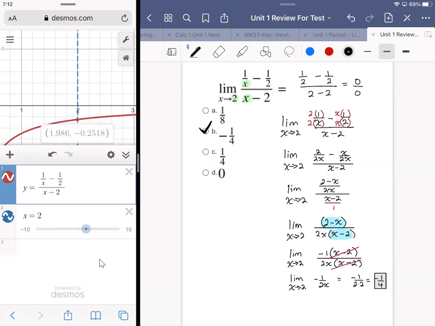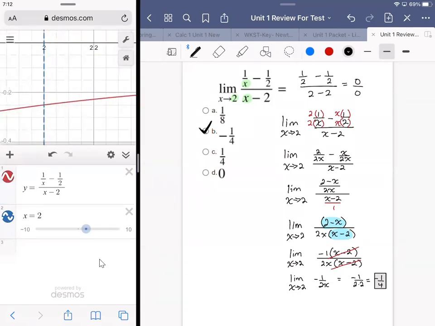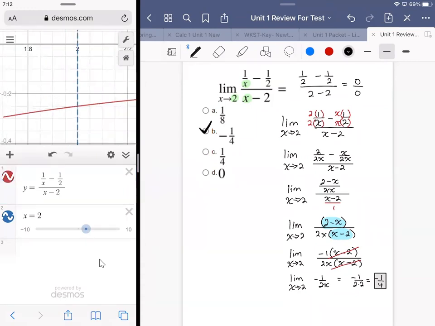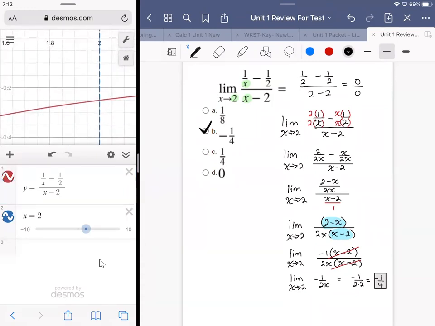It says undefined, right? It's not really undefined, it's more like indeterminate, but it's an open circle. But that open circle does have a y value. You can figure out what that y value is, you'd be in good shape.